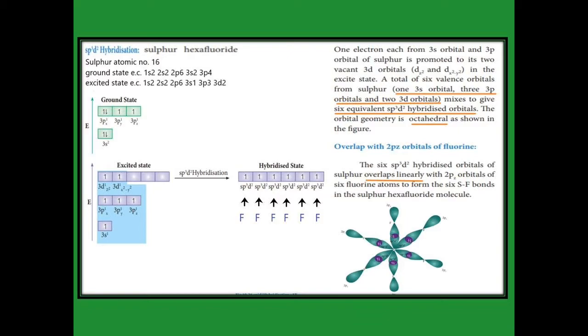Now the 2pz orbital of a fluorine atom linearly overlaps with the sp3d2 hybridized orbital. So totally how many fluorines: 6 fluorines. Those 6 fluorines give a single electron to the sp3d2 hybridized orbitals. It forms an octahedral structure. The sp3d2 hybridized orbitals give us an octahedral structure.